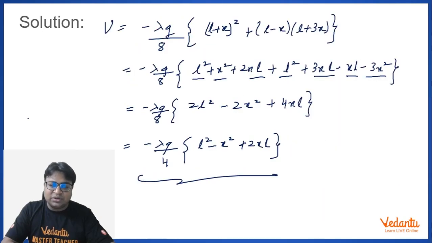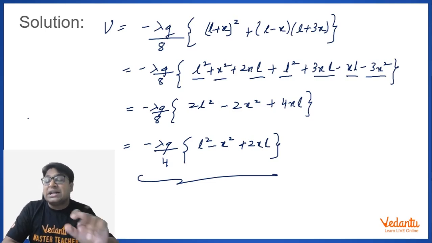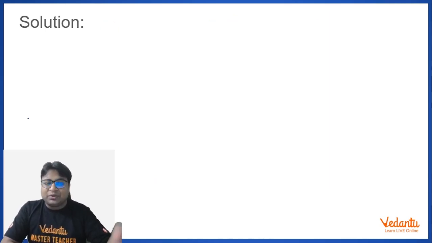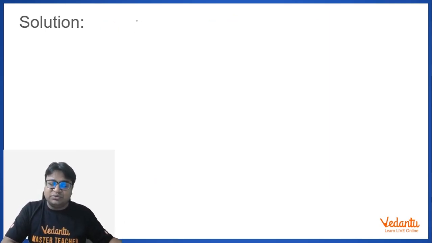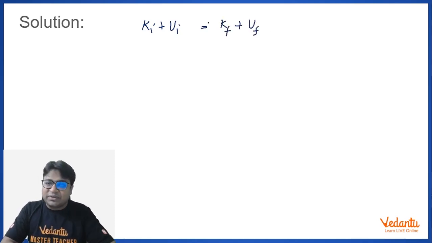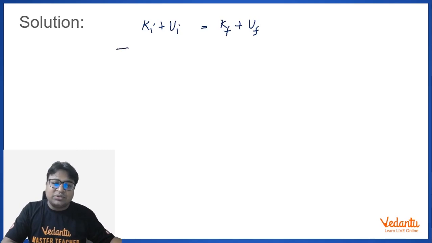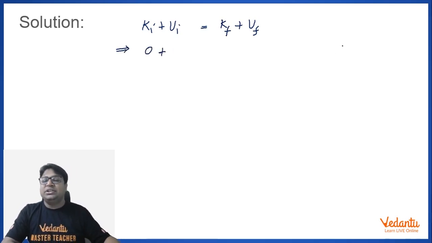So let's continue now. Now that you have found out the value of U, we are in a position to use energy conservation, assuming that it is applicable. That is what the question wants us to do. So Ki plus Ui, that means kinetic energy plus potential energy at the initial state, is equal to Kf plus Uf. So conservation of mechanical energy is what I'm trying to use. Initially the entire chain was at rest, so Ki would be 0, and initially the chain was simply hanging like this.